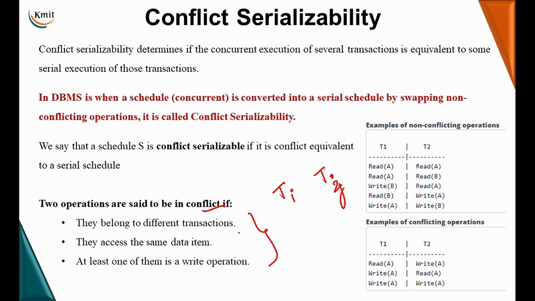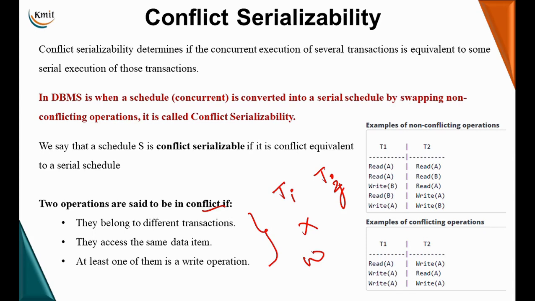Second, they should be accessing the same data item, that is, both of them should be accessing the data item X. Third, at least one of them should be a write. Remember, when you have only reads, everybody is trying to read the data, no conflict at all. But if one is reading and one is writing, or one is writing and the other is trying to read, there is going to be a conflict.